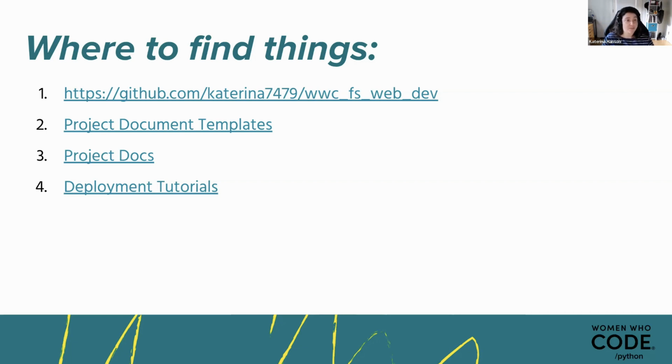I've also updated the specific project docs in that repo for this particular project as an example. And I have added a series of tutorials that are going to go into literal step-by-step detail on the different things that we're about to talk about today. So those are all found in this repository.